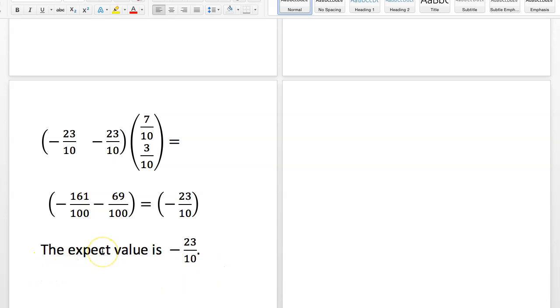And that agrees with the book. I used the book to get this. You'll get negative 230 over 100, but you can reduce that, and it reduces to negative 23 over 10. That's the expected value.